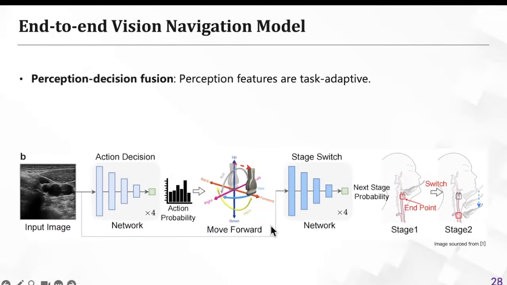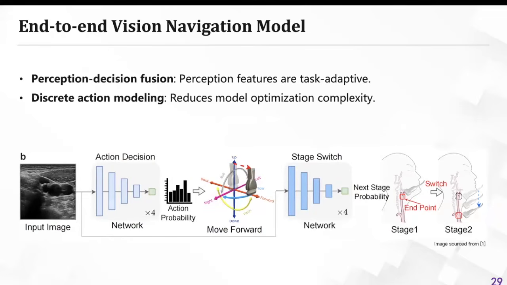I think this paradigm has three advantages. First, it integrates perception with decision making, which allows the visual features learned by the model to be directly optimized for the scanning task and makes the process more efficient. Also, we use discrete actions.